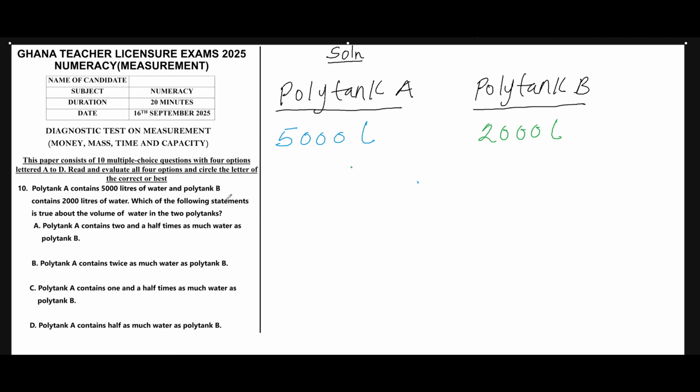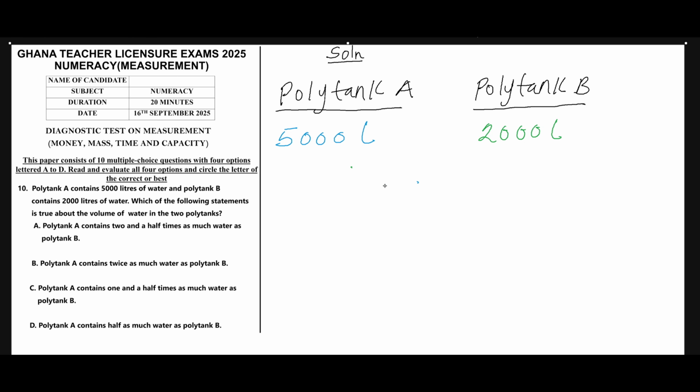So which of the following statements is true about the volume of water in the two polytanks? So we are comparing the volume or the capacity of water in the two polytanks. Now you will see that polytank A takes much more water than polytank B. In other words, the volume of polytank A is bigger than the volume of water in polytank B. So by how much is polytank A bigger than polytank B?